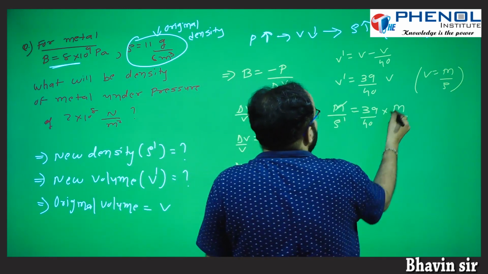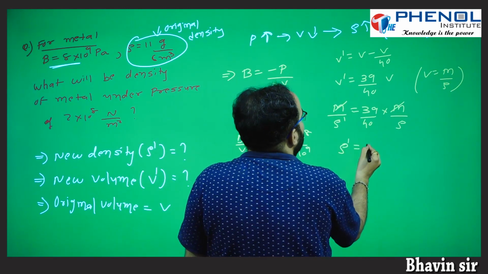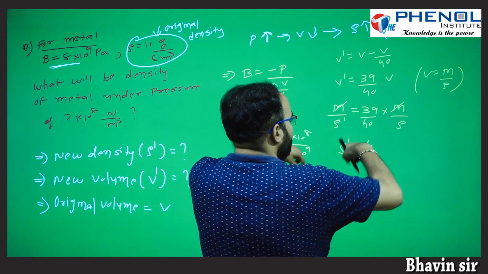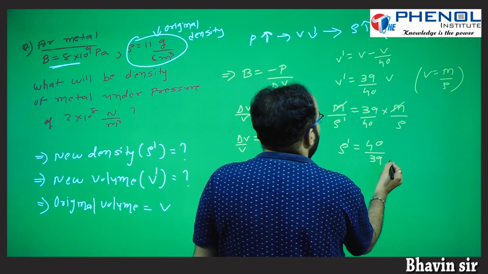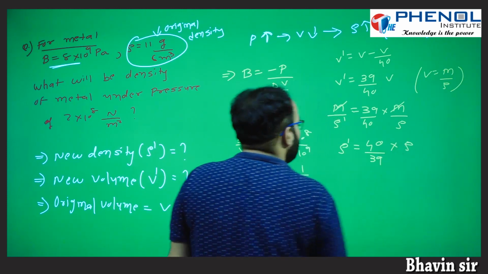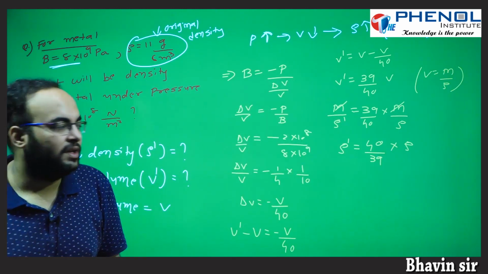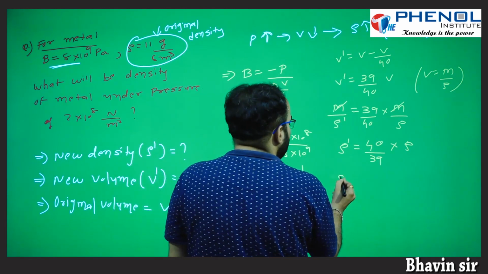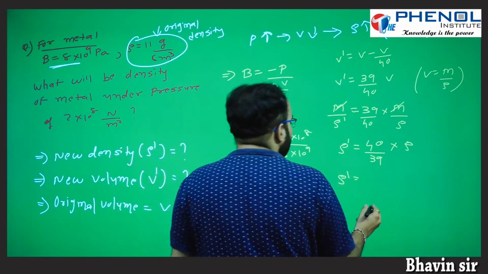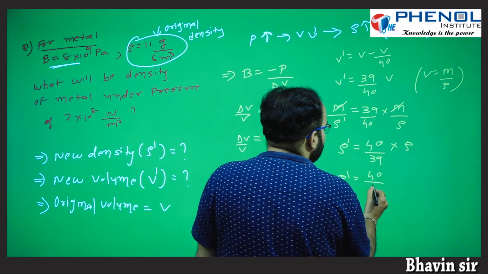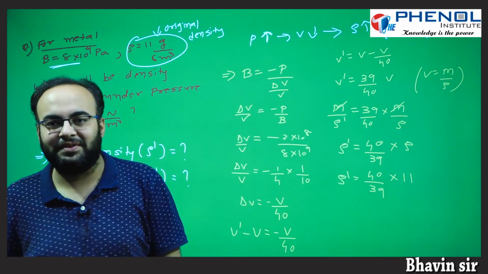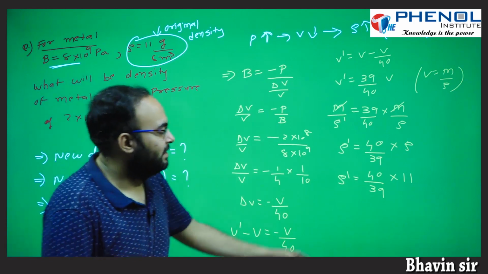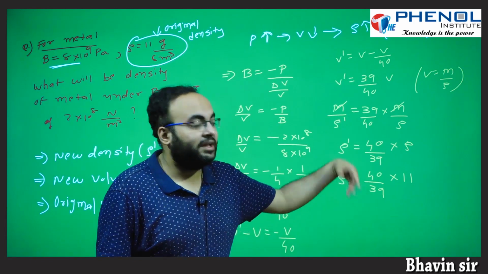Mass cancels, so rho dash is equal to the reciprocal, rho dash is equal to 40 by 39 into rho. So what is rho? 11 gram per centimeter cube. So see, density is increased. It becomes 40 by 39 into 11.